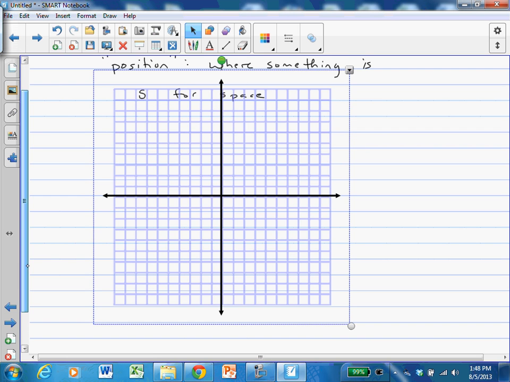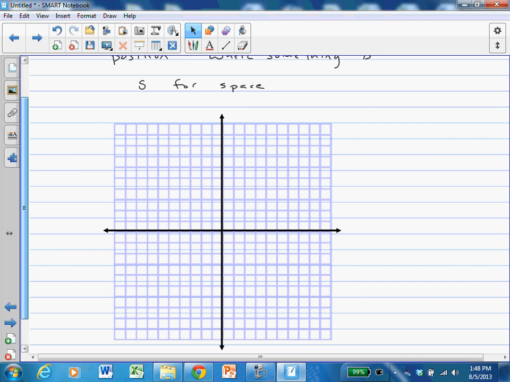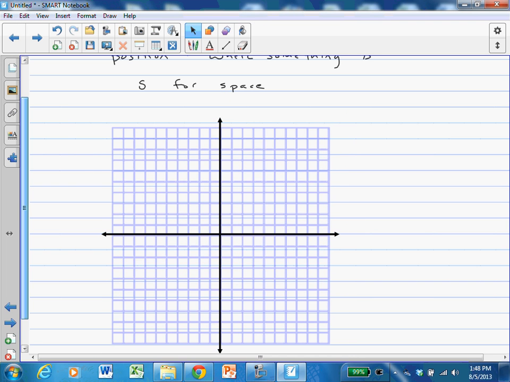So for example, we could define, here's our origin. It's a little weird with the blue lines behind it, but focus on that. So here's our origin right there, and we could have something out, say, here.